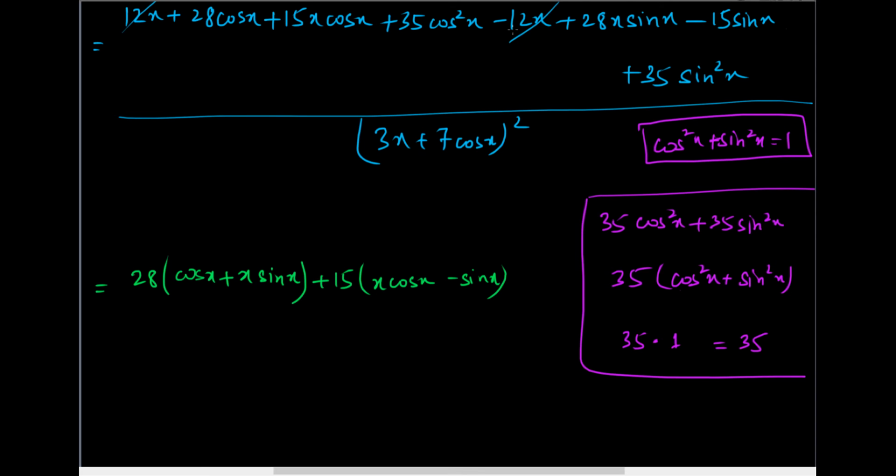And then the only two terms left are 35 sin square x plus 35 cos square x, which will eventually be 35, as we already showed. All of that over (3x plus 7 cos x) whole square. So this is the simplified form of the expression which we got after applying the quotient rule, and we can say this is our result. So this is how we do it step by step.